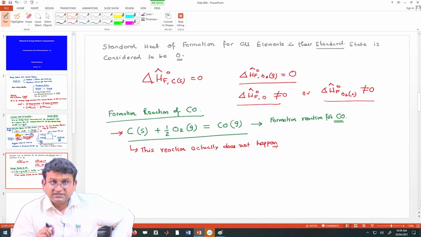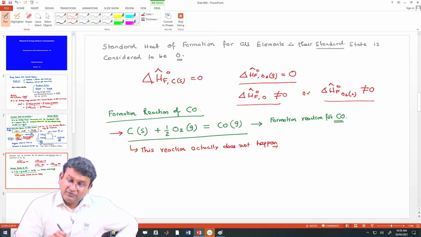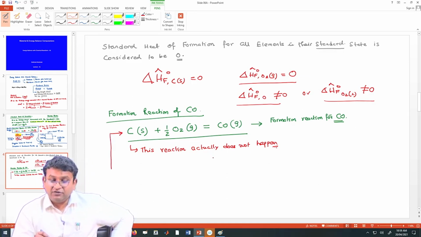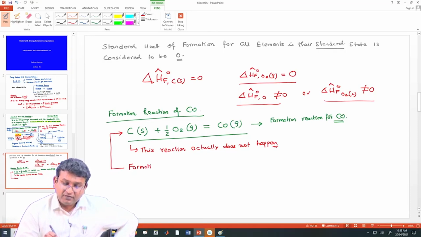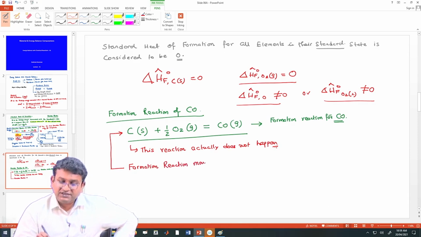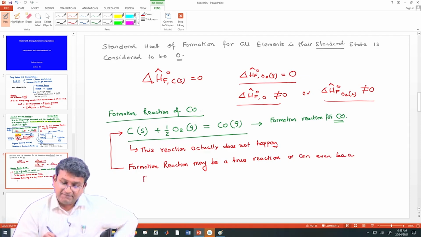A formation reaction must be written in the form of the product forming from its constituent elements in their standard form. So, for CO, whatever we have written is absolutely correct, and that tells us that the formation reaction may be a true reaction or can even be a fake reaction.